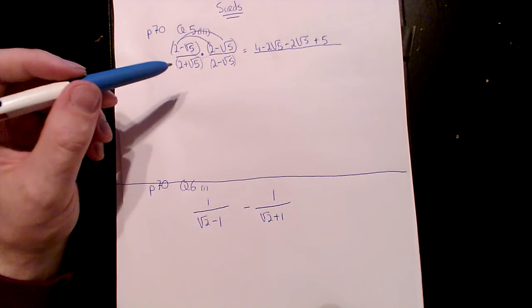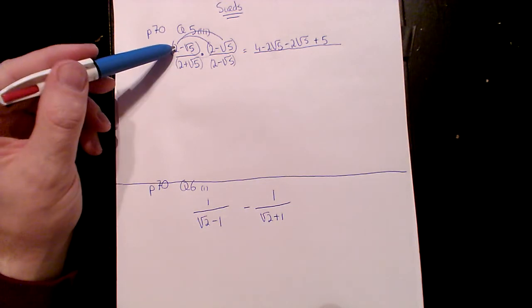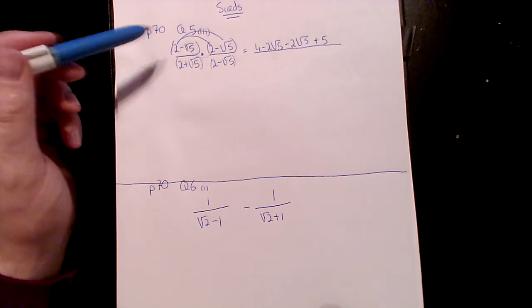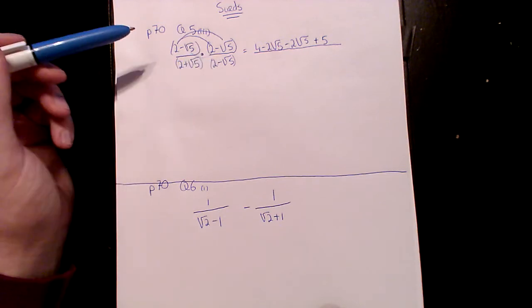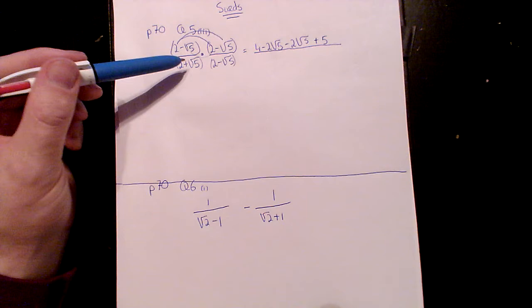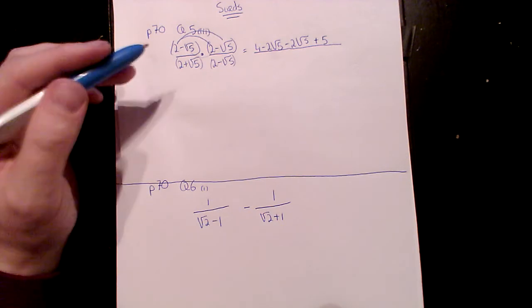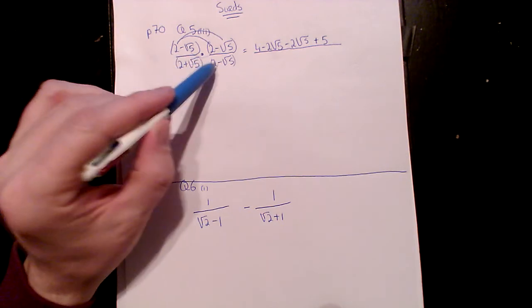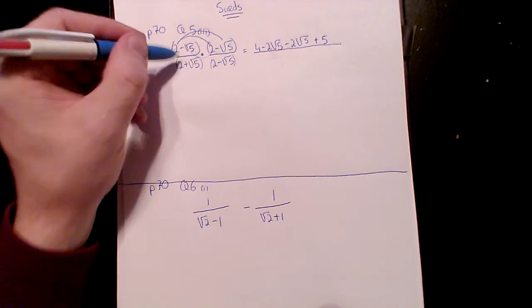Now, again, I'll go back to you, Laura. This is why you probably made the mistake of just multiplying the 2 by the 2 and the 5 by the 5. Because if you multiply the 2 by the 2 and the root 5 by the minus root 5 here, you will get 4 minus 5. But that's kind of just a fluke because the root 5s will cancel each other out. So stick to how we learned how to do it.